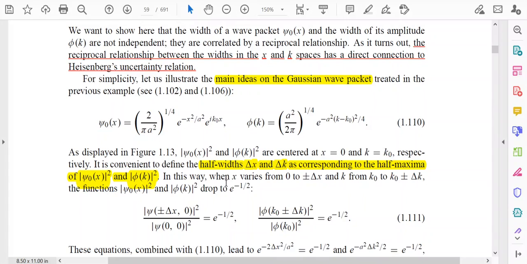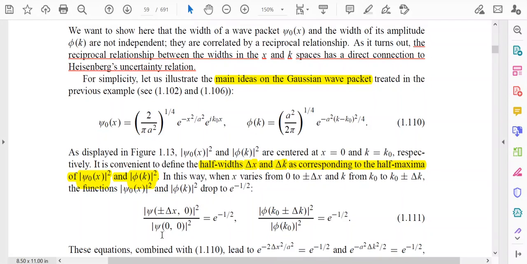In this way, when x varies from x is equal to 0 to plus minus delta x, or k varies from k0 to k0 plus minus delta k, the functions mod psi 0 x whole square and mod phi k whole square drop to e to the power minus half. So mod psi plus minus delta x comma 0 whole square divided by mod psi 0 comma 0 whole square is e to the power minus half.